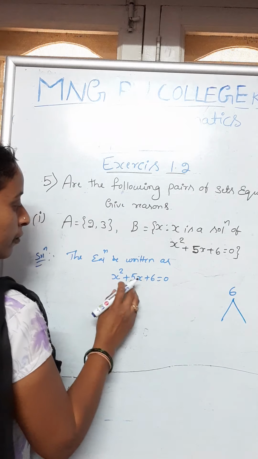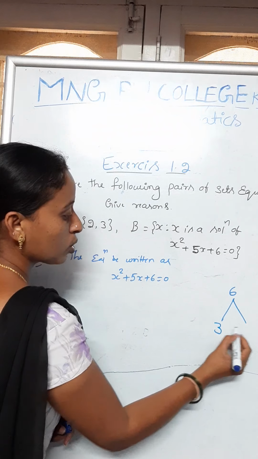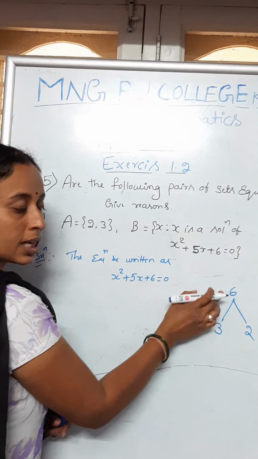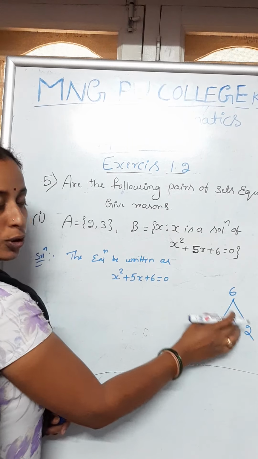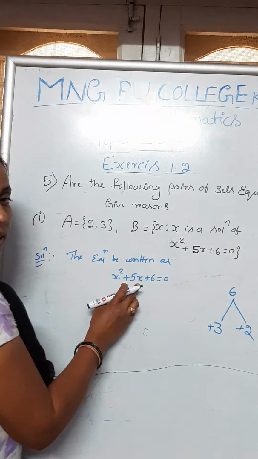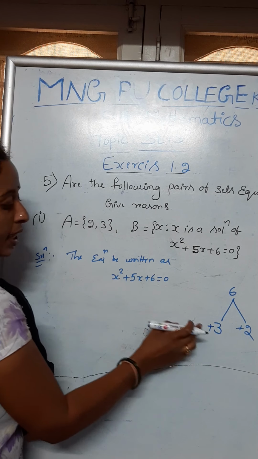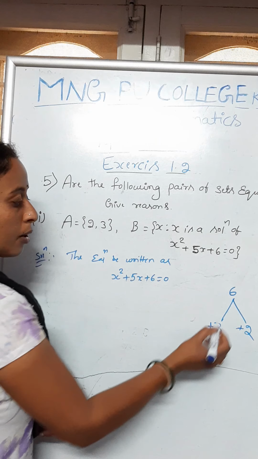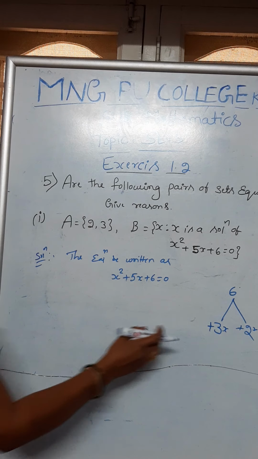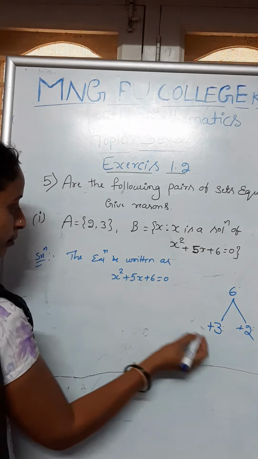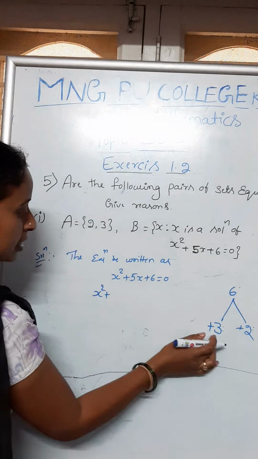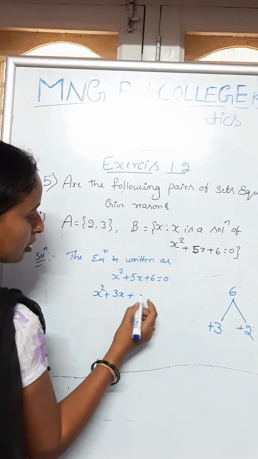We need two numbers that give 6 on multiplying and 5x on adding: 3 into 2 is 6, and if we add these two, we get 5. So x square, and 5x can be written as 3x plus 2x.